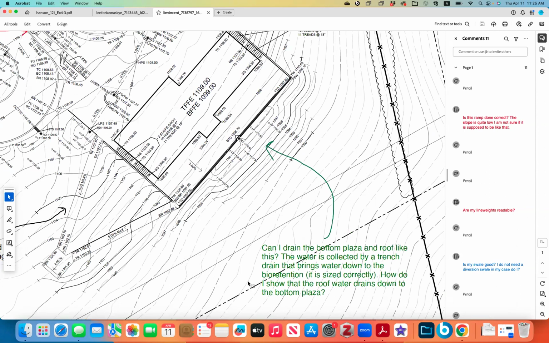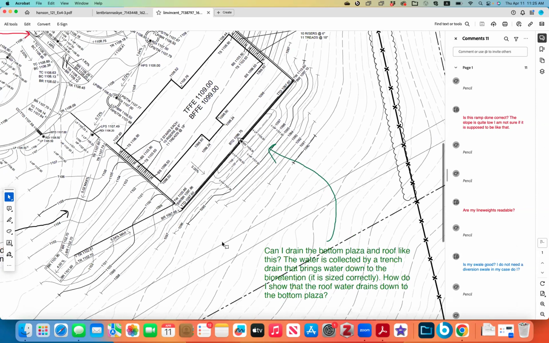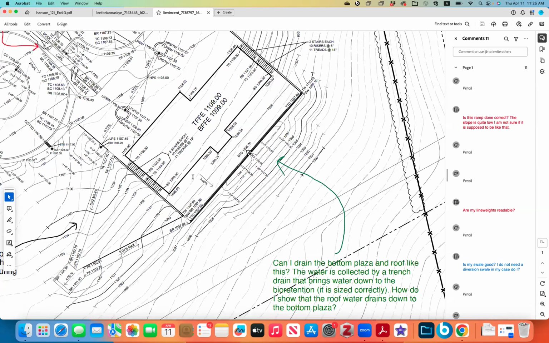The water is collected by a trench drain that brings water down. Well, the only thing that I would add is the roof. Okay, you need to indicate where the roof drains. Is it down here to there, or is it actually down here and then getting into the trench drain? Does that make sense?